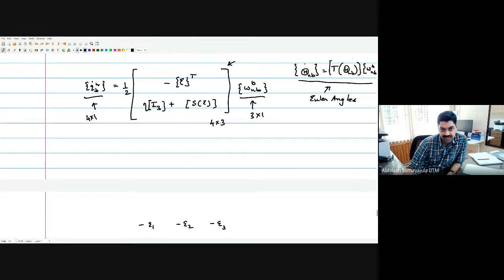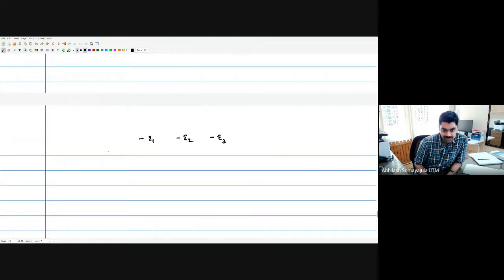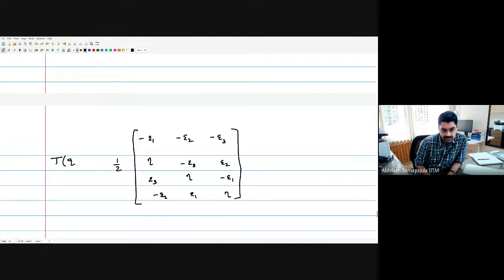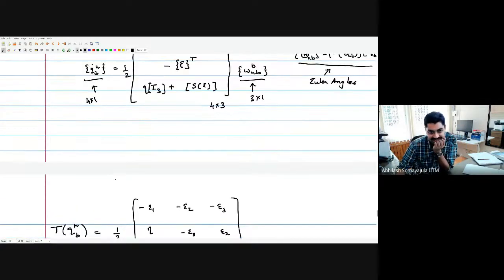Next, I have eta times the identity matrix plus the skew symmetric matrix with respect to epsilon. This times 1/2 is my so-called P matrix, which depends on the quaternion. Is that making sense?